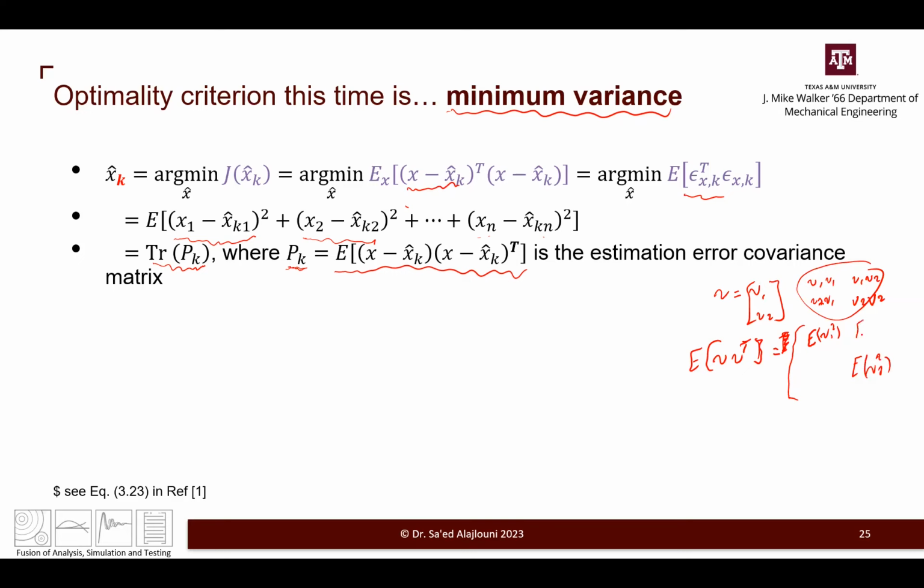And here you get the expected value of v1 v2 and the expected value of v1 v2 in this example, so it's a symmetric matrix. The diagonal elements are the variances of this random vector v. So we could say that the expected value of v transpose v is nothing but the expected value of v1 squared plus v2 squared, right?